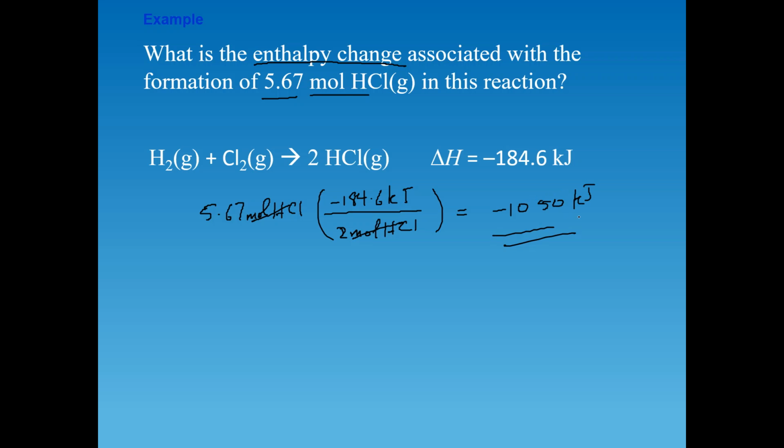And that's basically how that is done. All right. So that's a relatively simple example to illustrate the stoichiometric relationship between the enthalpy change and the moles of a substance involved in a chemical reaction.